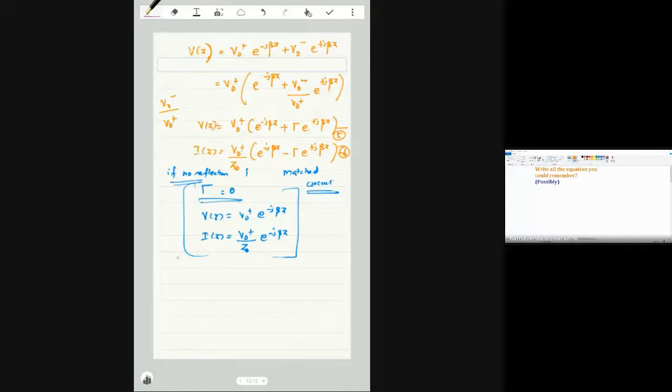So the power flow along the line at point z, at any point z, I can write the average power. Okay, why it's called average power I'll tell you. Basically it is related to voltage and current. So V into I is power.